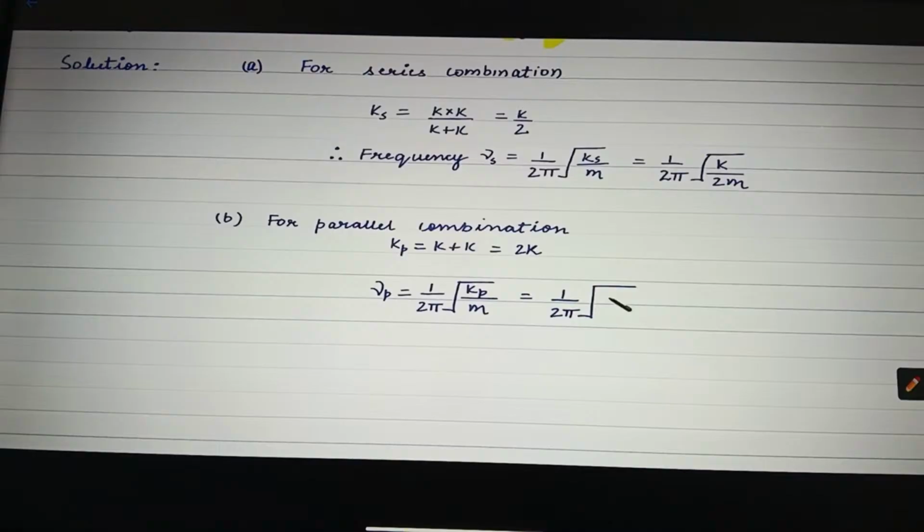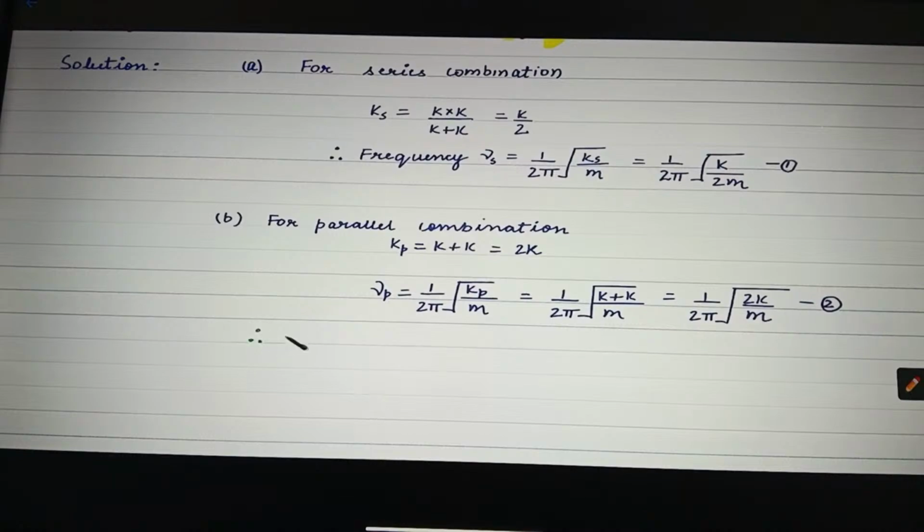For Kp here, we can write K plus K by m. So this is equal to 1 by 2 pi square root of 2K by m. And you can call this first and this second.